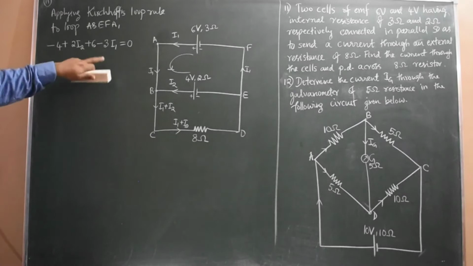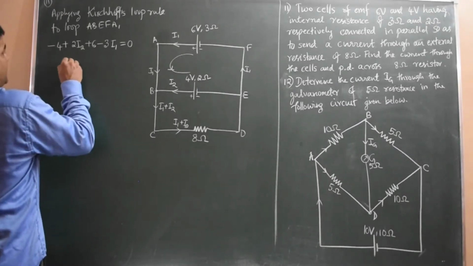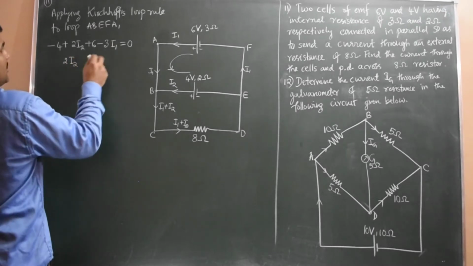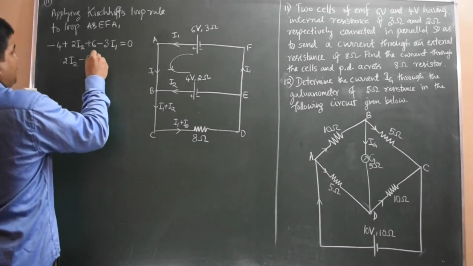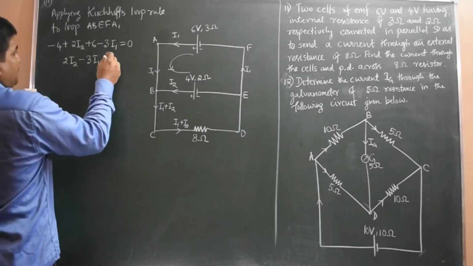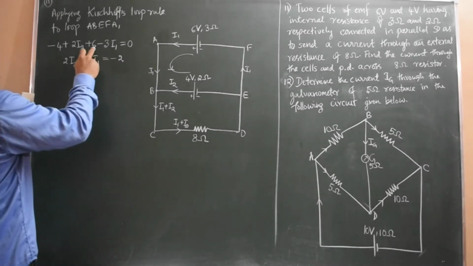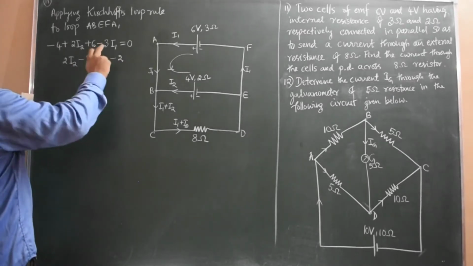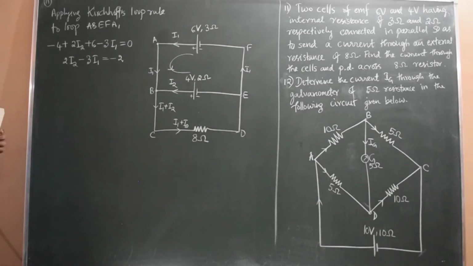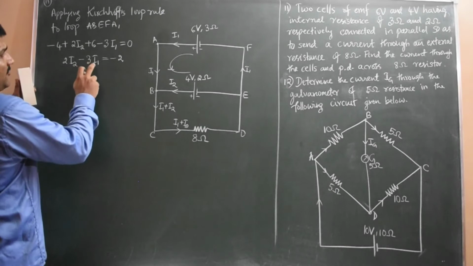Now we have to rewrite this equation to simplify the equation. So I write here 2I2 minus 3I1, plus 6 minus 4 is plus 2 here, equal to 0. Taking 2 to the RHS it is minus 2, or we can change the sign and write as a positive value for I1.